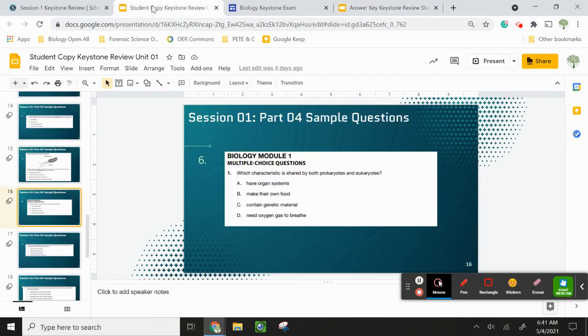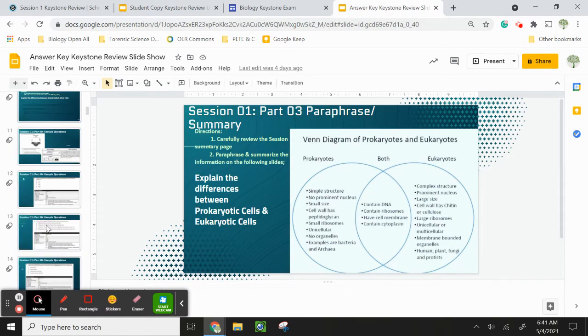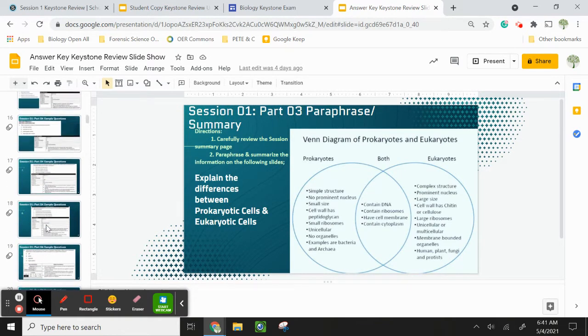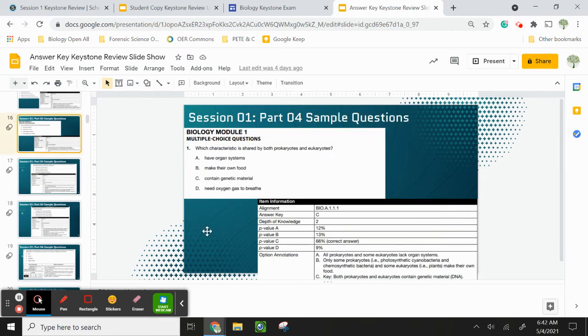So let's go back to the question. If you selected C, they contain genetic material, you are correct. That was this one. Let's see. Yes, 66% of students got that correct.